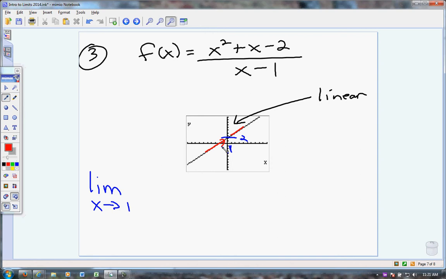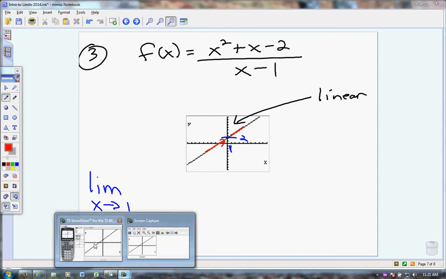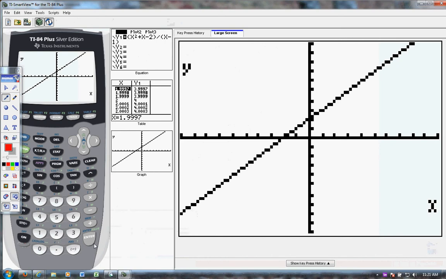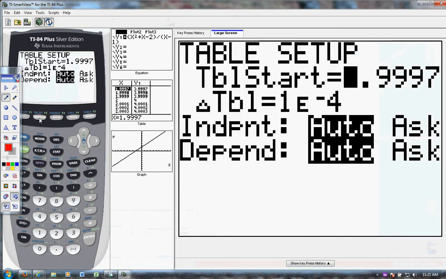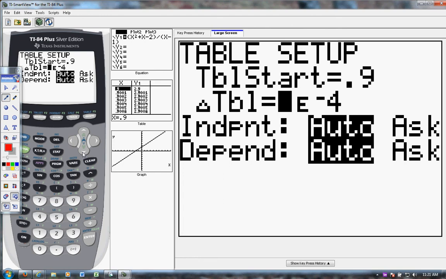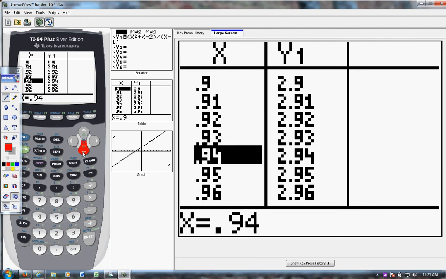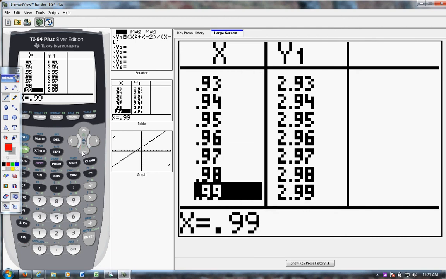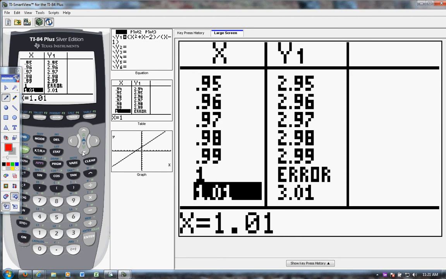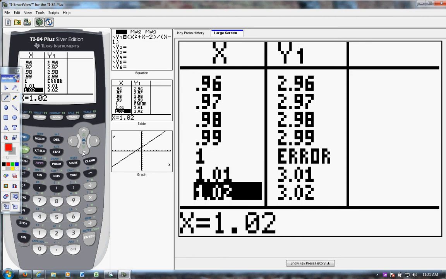Well, maybe I could look at it numerically. Maybe I could go to the table. I'll go to my table setup. We're wanting to get close to 1, so maybe I will start at 0.9 and go up by 0.01 and go to my table. And it looks to me like there's an error at 1, of course, but what does it appear that it is approaching?